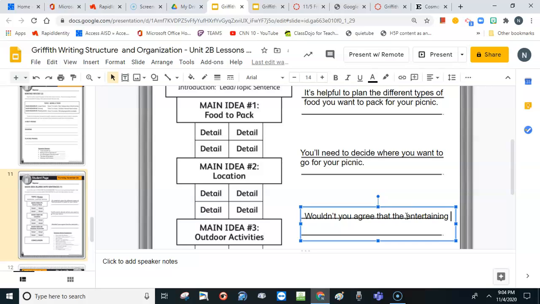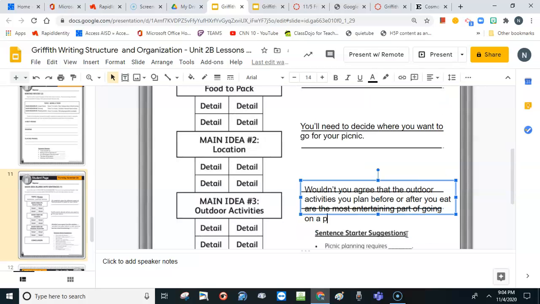Entertaining. Wouldn't you agree that the outdoor activities you plan before or after you eat are the most entertaining part of going on a picnic?